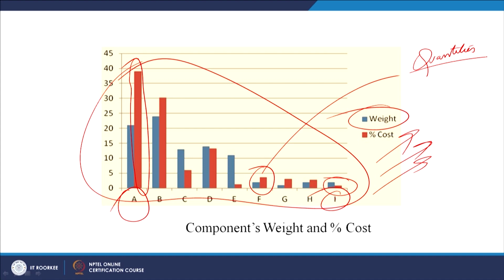So we have to use our creativity, our gut feeling, our judgment, our logic to locate the areas of improvement in any product. So here we have seen the cost distribution for each and every component, and how the cost is distributed among the different parts of the computer table.